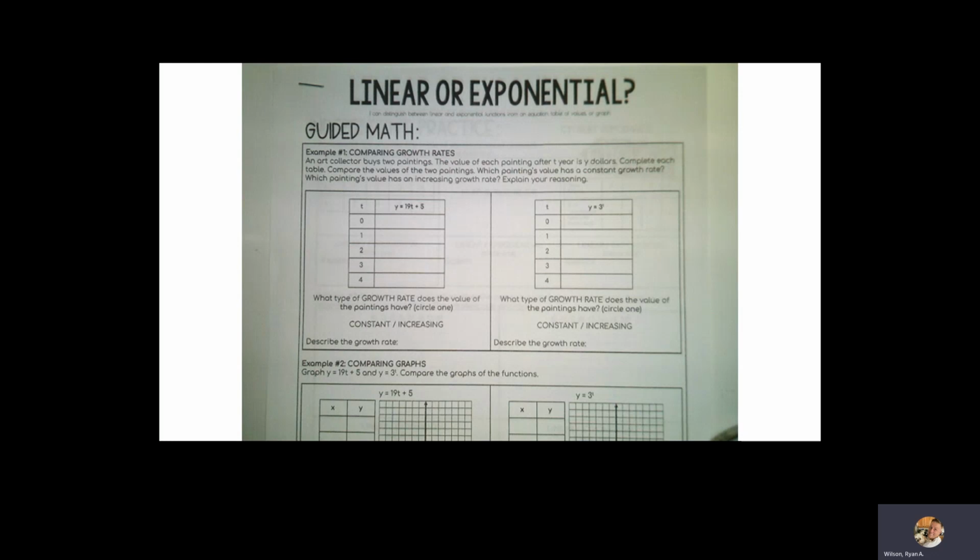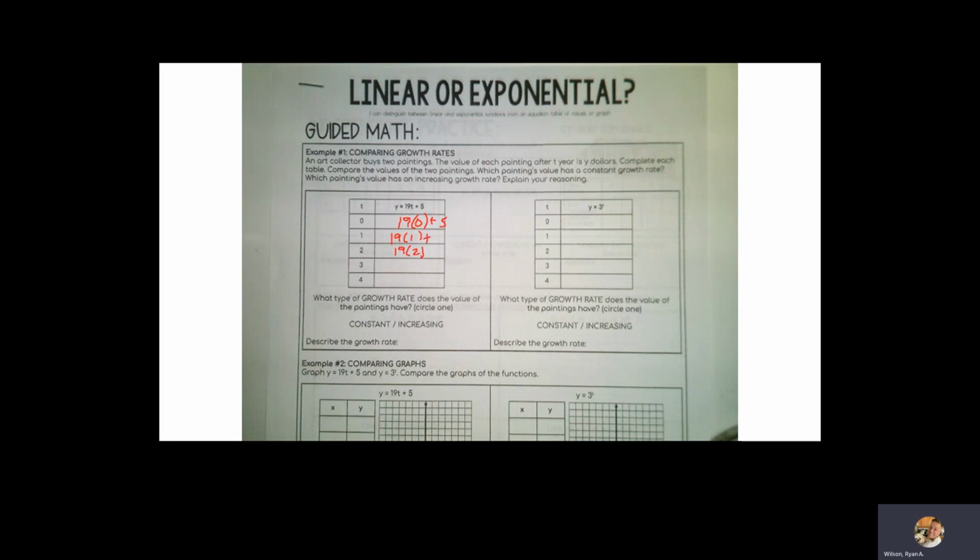So it says at 0 years. So what I would do is I would take the equation, and instead of the t, what am I going to put there? So for 1 year, what I'm going to replace the t with what? And then for 2 years, what am I going to do?